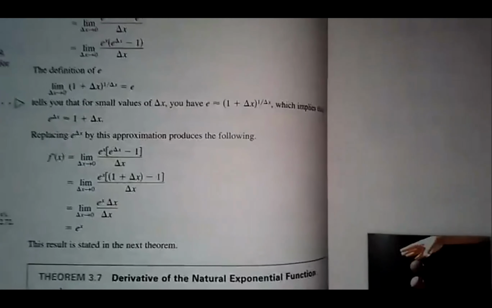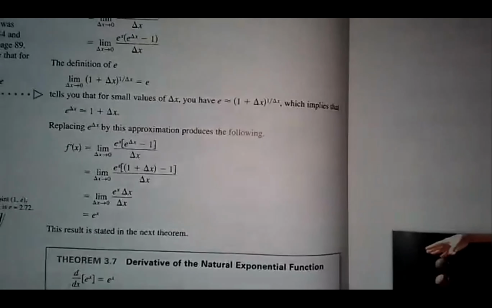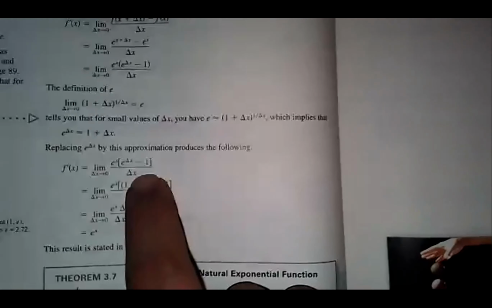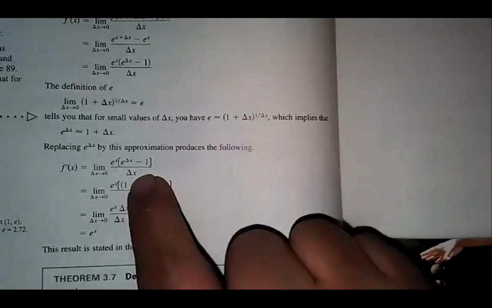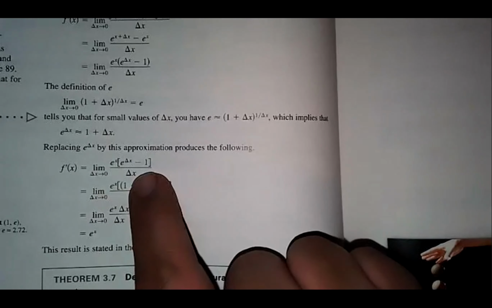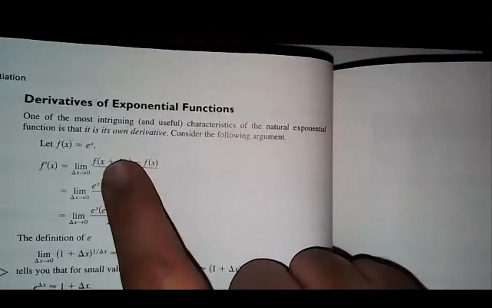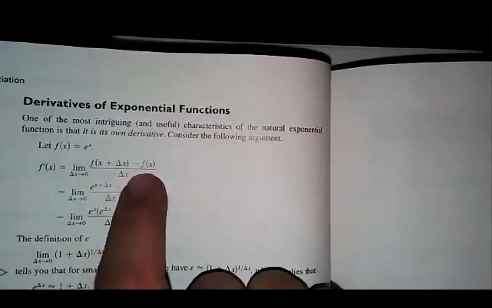Let's see here. Okay. Here. So, yeah, there it is. Do you see this, or is it too far away? Yeah, I can see it. So f of x plus delta x, right? We use f of x plus h minus f of x over h.